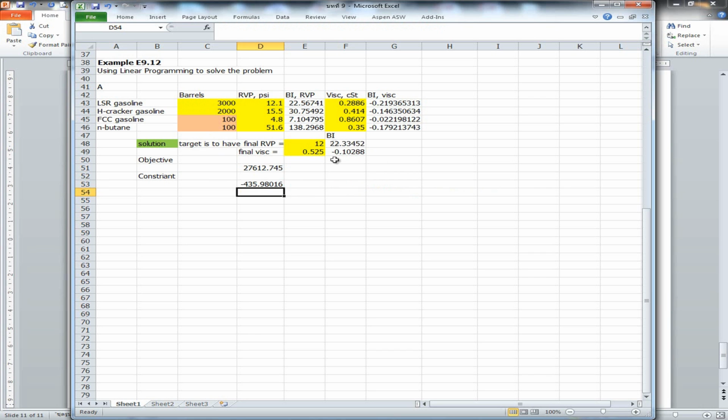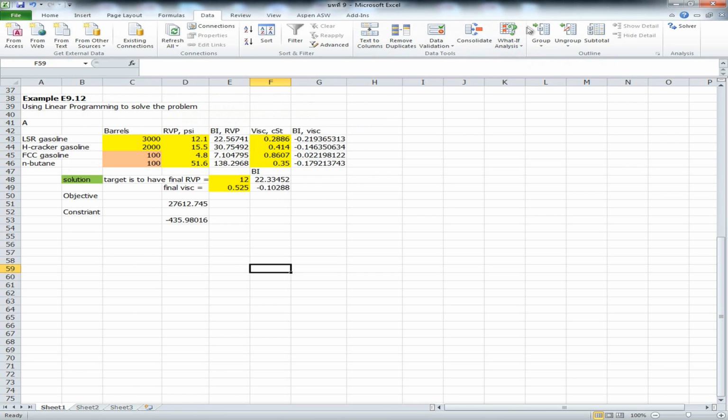Then we go to the data. Okay, now we can go to Solver, but you have to add it in first.